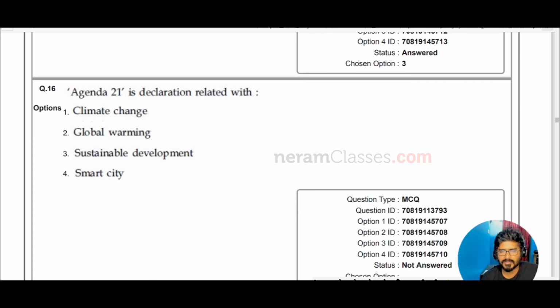That is called sustainable development. If you are using a single tree for making a door for your house, and you plant two, three trees instead after completing your project, that is sustainable development because you are taking something from nature and you are also giving it back. So Agenda 21 is related to sustainable development. So the answer for this question is option number 3.